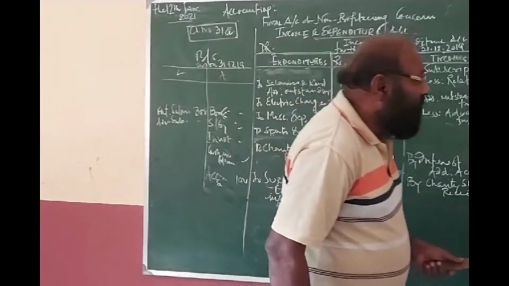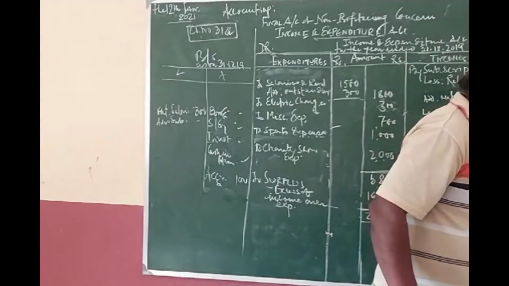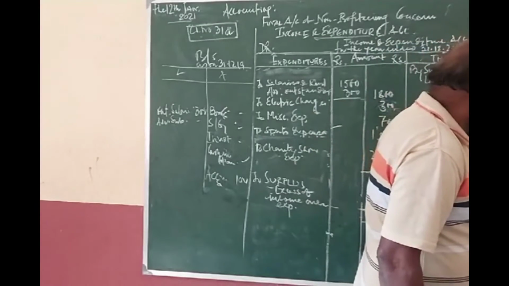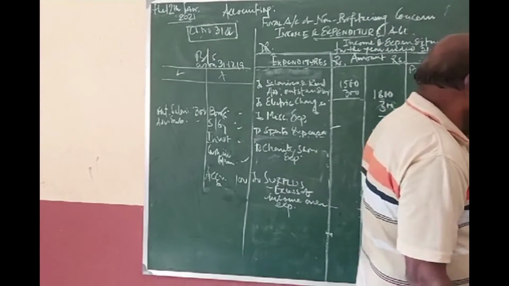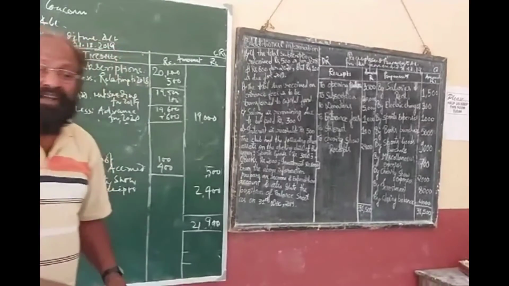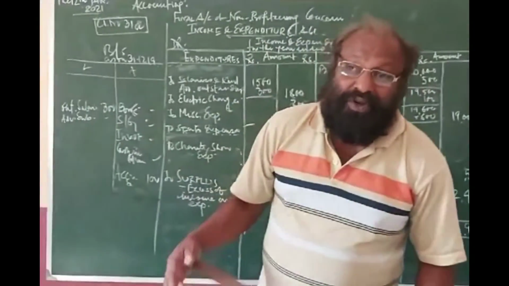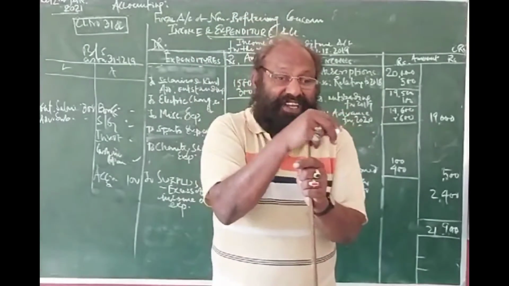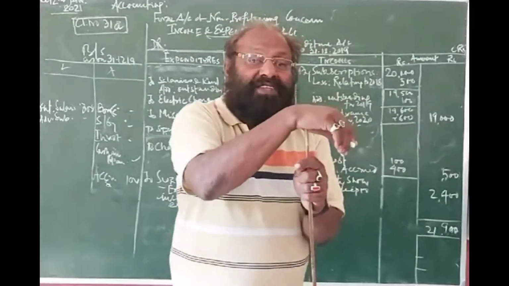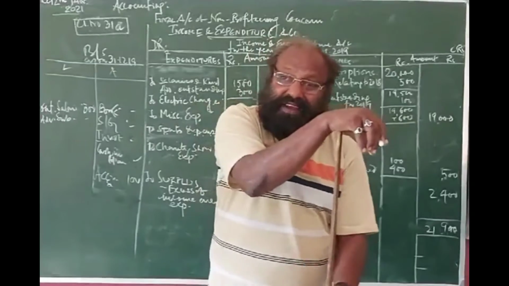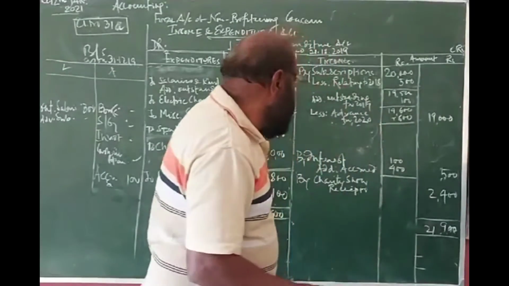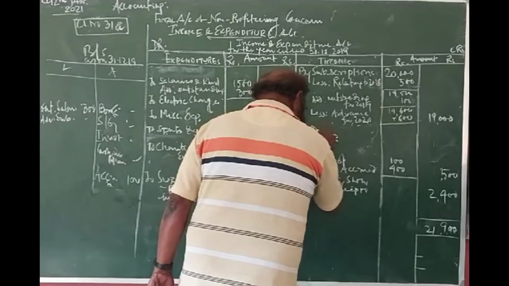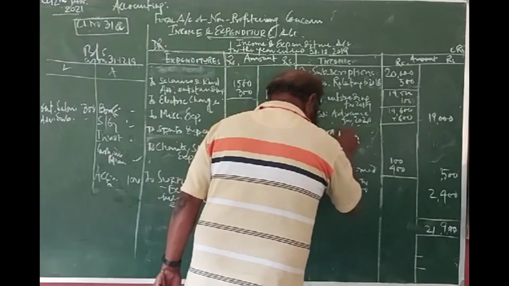Clear? Then comes donation. Regarding donation, any information given? No information given with regards to donation. I have told you, friend, repeatedly, donation may be revenue in nature, may be capital in nature. Clear? As nothing has been stated, we may consider this as revenue. And if we consider it as revenue, then it will come over here, by donation.